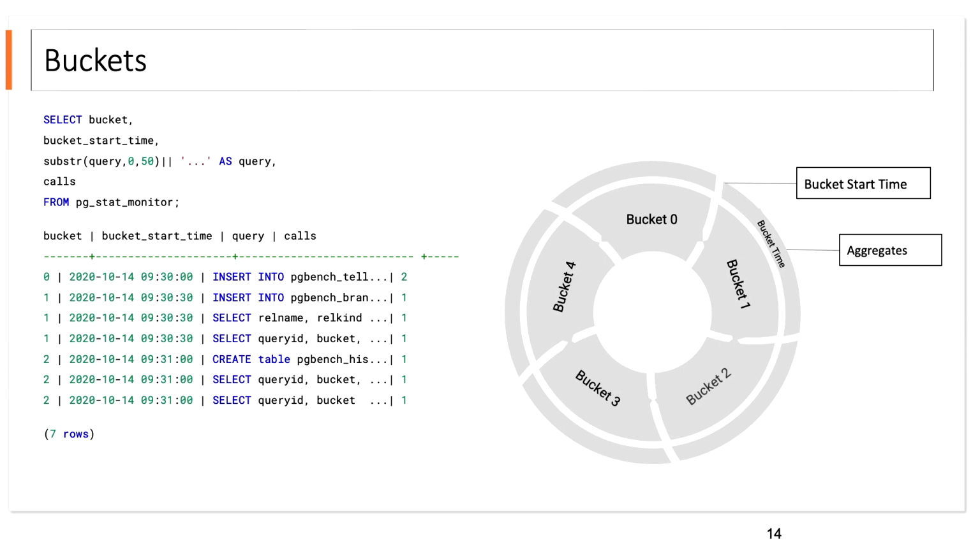No, it's a different one. If that query runs multiple times, it's just adding that. But in PGStat monitor, it will just add that for that bucket time, if it is within that bucket, and the bucket number shows at what time this bucket started, and which bucket has the average, aggregation, and everything.